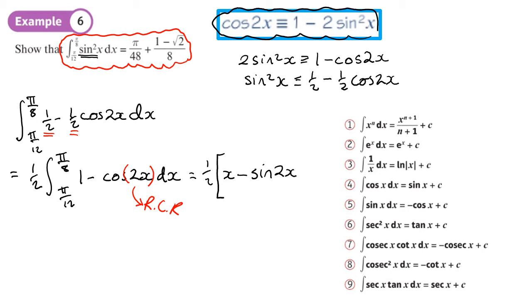So what I'm going to do is move that minus across, so I can put my divide 2 here as a half and put my minus there, and I have my limits of pi over 8 and pi over 12. So now what I'm going to do is work that out. It's going to be a half of all of this, pi over 8, so I just substitute it in, minus half sine pi over 8 times 2, 2x.